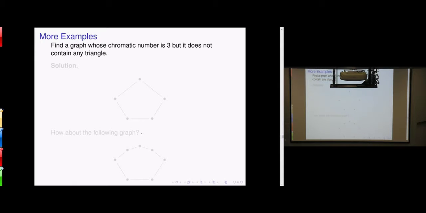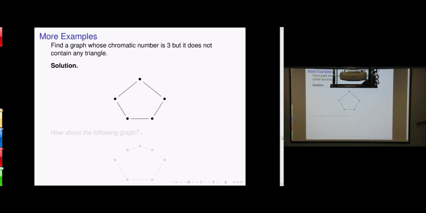For example here, find a graph whose chromatic number is 3, but it does not have a triangle. Well, this is transparent, so you can see it. The solution is you can have a pentagon like this.